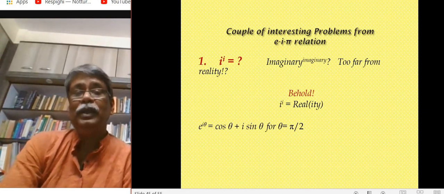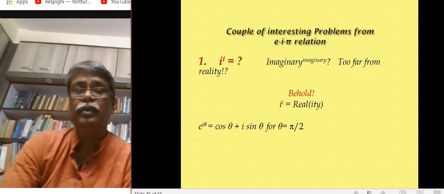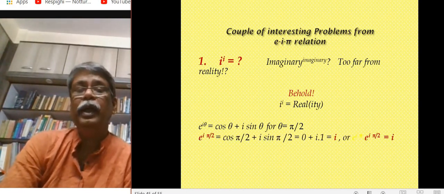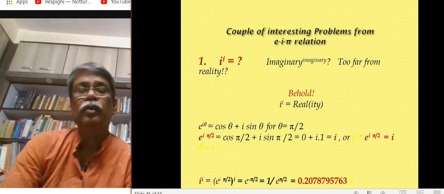Well, e to the power i theta, so let me just use that same expansion, cos theta plus i sin theta. For theta equal to pi by 2, you will get e to the power i pi by 2 is cos pi by 2 plus i sin pi by 2, and that means 0 plus i, that is simply i. So e to the power i pi by 2 is actually i. So I will be using that.